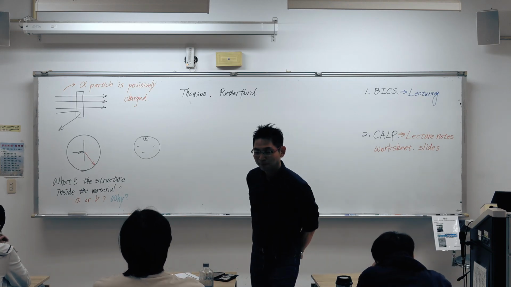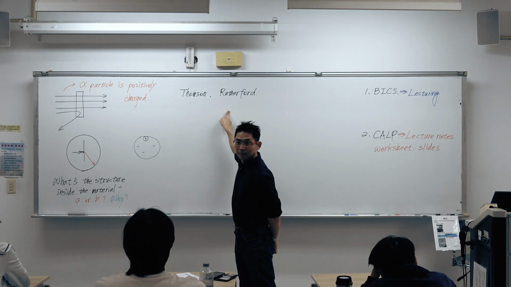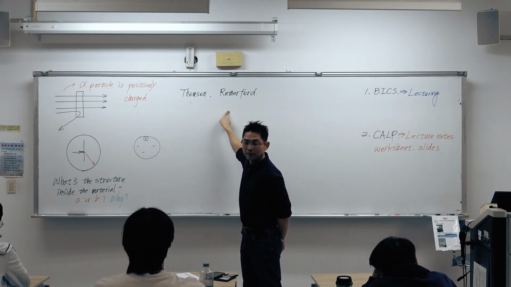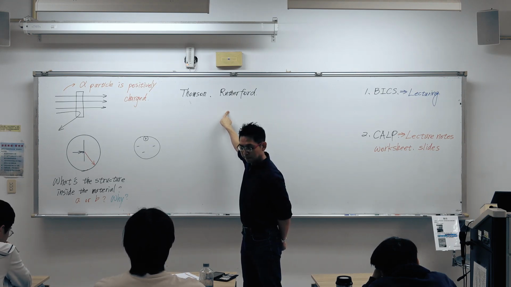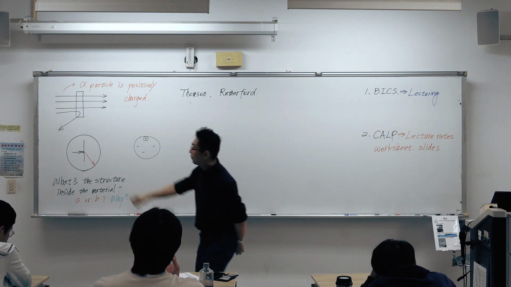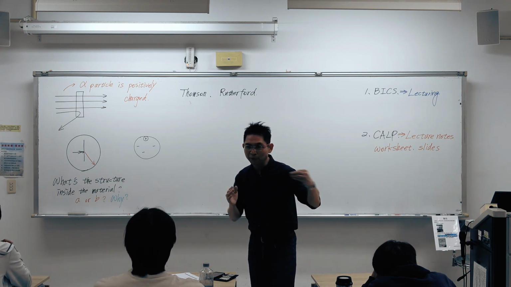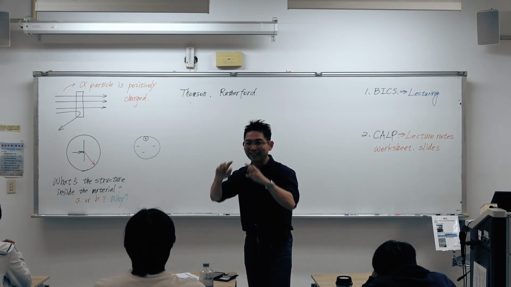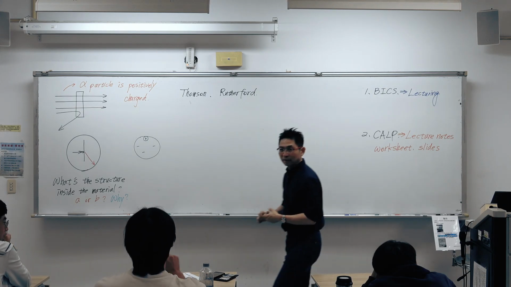Maybe we can provide the Thomson model and Rutherford model and let the students draw the alpha particle path, how the alpha particle will penetrate or pass through the atom. Yeah. Let them draw the path.